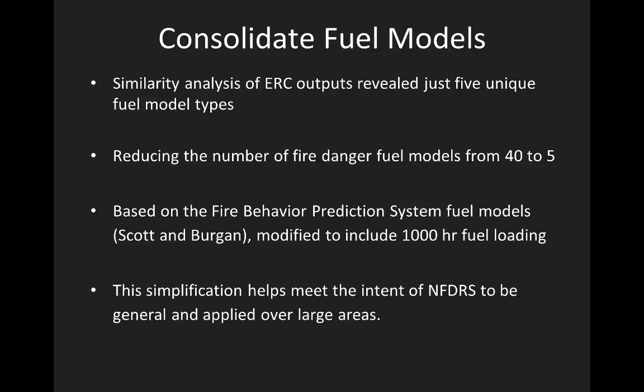And so reducing the number of fire danger fuel models from 40 down to 5 at that point made common sense. These 5 are based on the Fire Behavior Prediction System fuel models produced by Scott and Burgan, and those 5 models were modified to include a 1,000-hour fuel load. This simplification helps meet the intent of NFDRS to be general and applied over large areas.